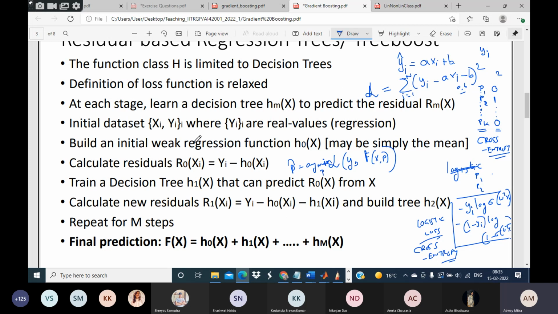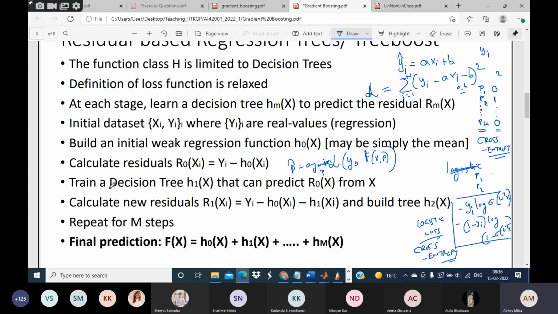We initially have a weak regression function h naught x, which may simply be the mean. You take the average of all the y's in your data set and predict that value for any feature vector. That is an initial weak regression function, based on which you get your first round of residuals.